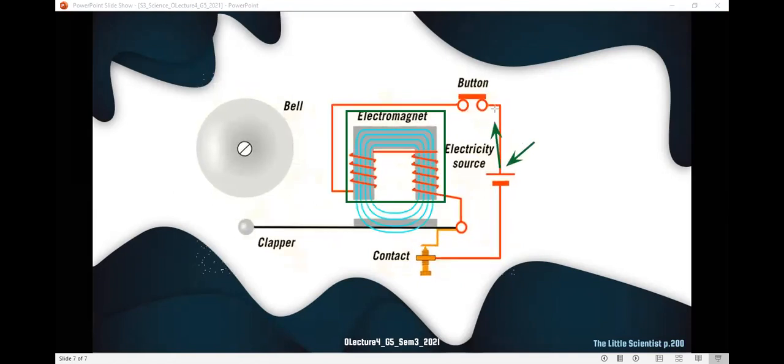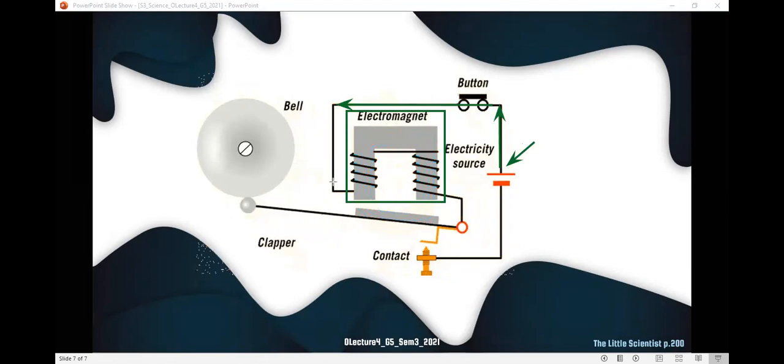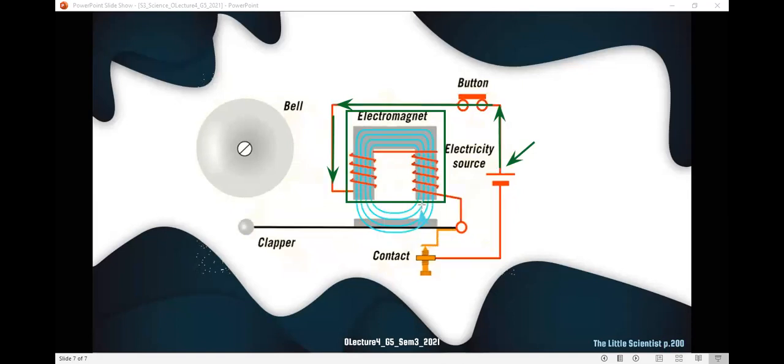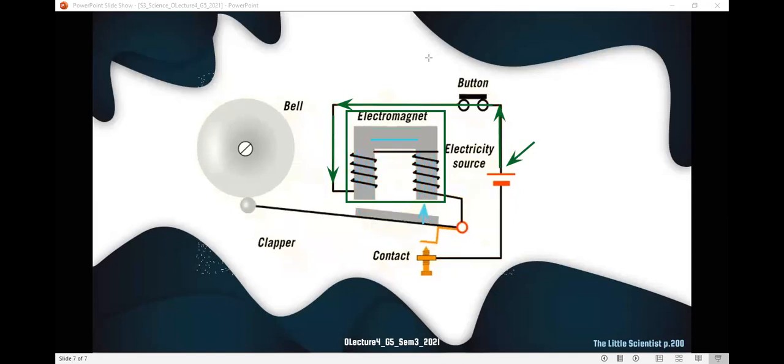So the electric current leaves the battery and passes through the electromagnet. When the electromagnet works, it attracts metal to it. So it will attract this metal right here. Let me change the color so you can see it. Here I have metal, a piece of iron.